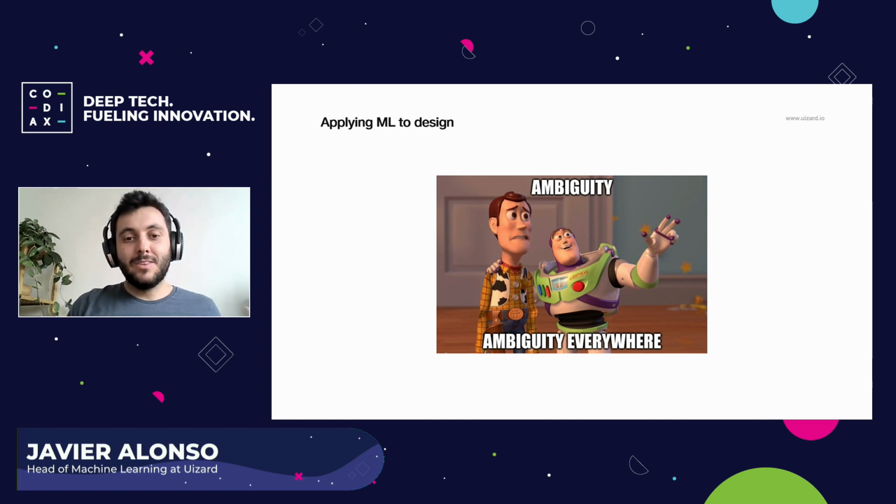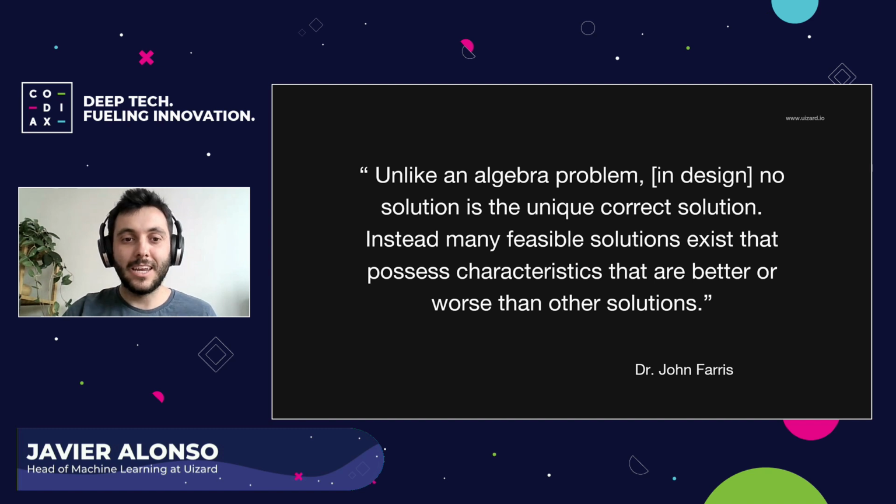So it turned out that the most difficult part of applying machine learning to design is actually what makes design difficult in itself. To exemplify this, I really like this quote from a famous blog post called "Why Design is Hard." It goes like: unlike in an algebra problem, in design, no solution is the unique correct solution.